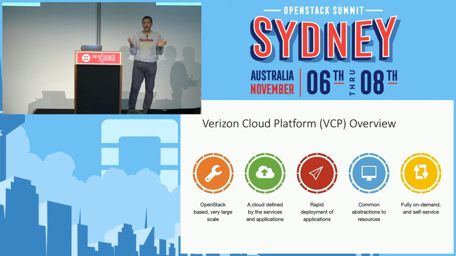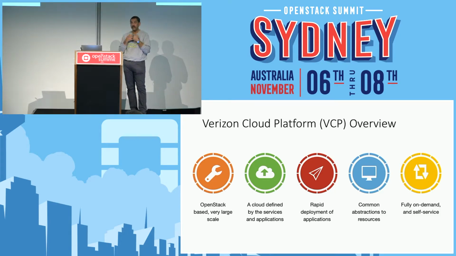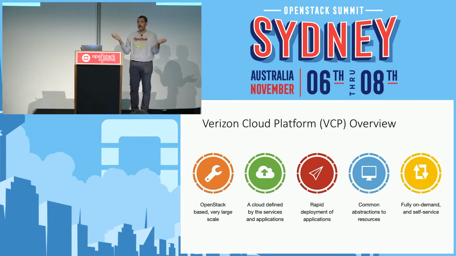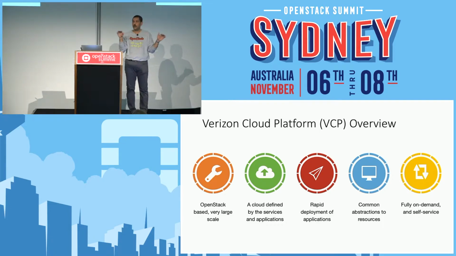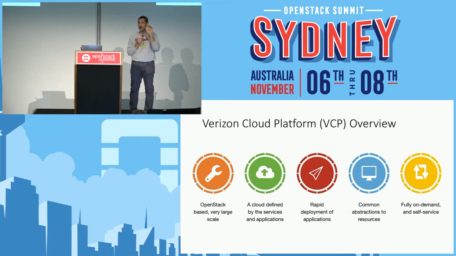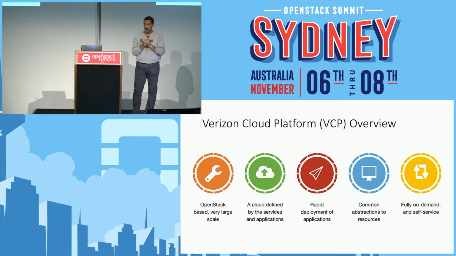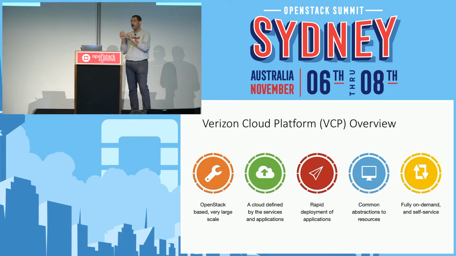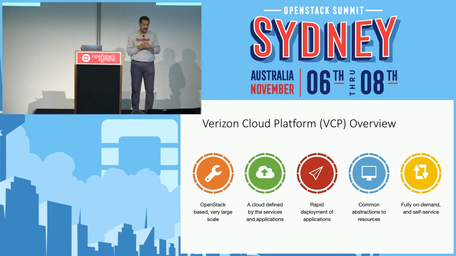So we've spent a reasonable amount of our development in making a variety of different kinds of hardware look almost the same, so that when you orchestrate a workload onto our cloud, you're not really concerned what the underlying physical hardware is, but you still get the benefits of those different kinds of hardware. And we'll talk a little bit about how we do that.